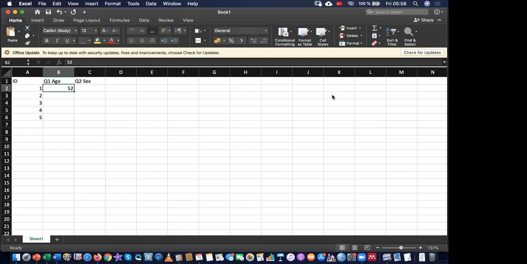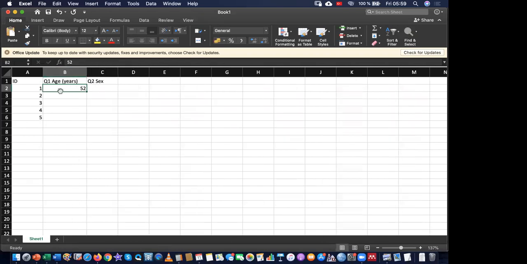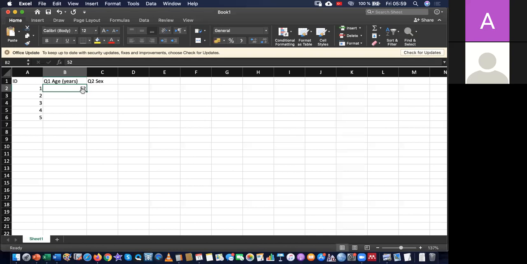Not 52 years. If you want to mention the unit of measurement, you mention it at the top, in the variable name. In the variable itself, you never enter text. You just feed in only numbers.